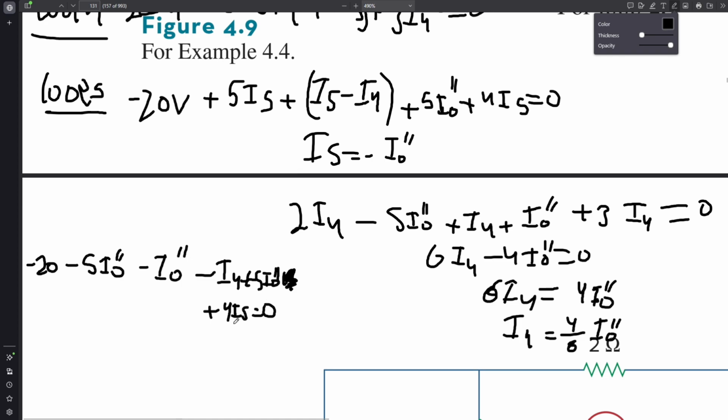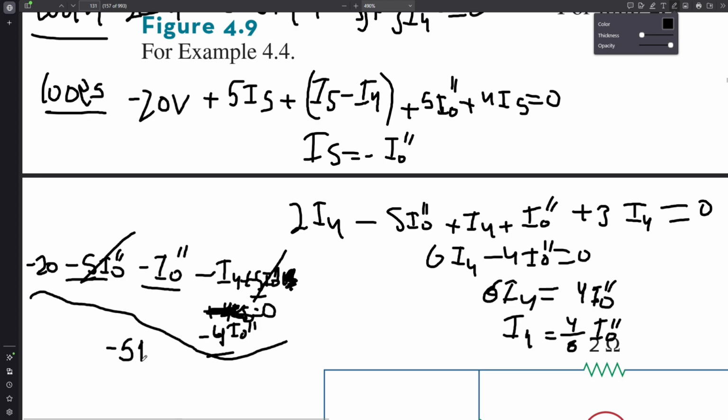Now this I5 is I0 double dash negative, so just make it negative 4 I0 double dash equals to 0. Now here's negative 4, here's positive 5, here's negative 5, so negative 5 with positive 5 cancel, and then negative 4 with negative 1 becomes negative 5. Now let's just separate these.